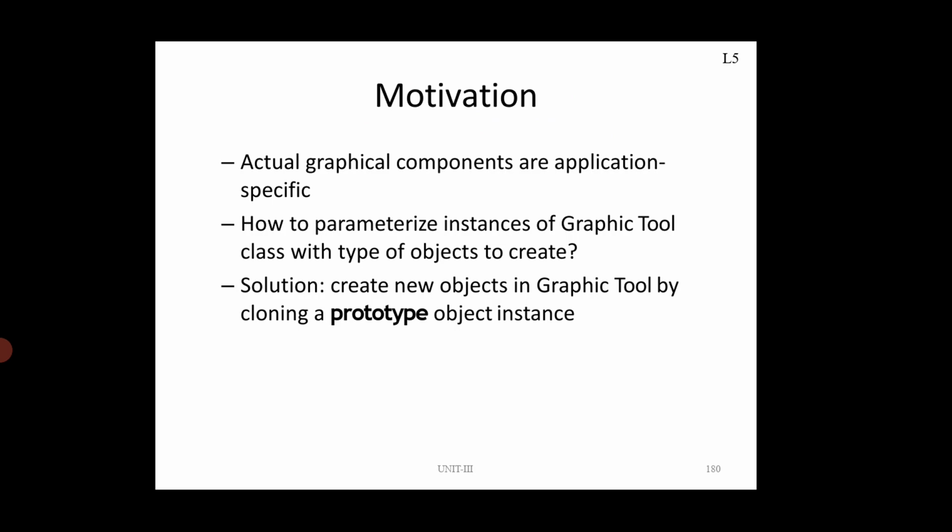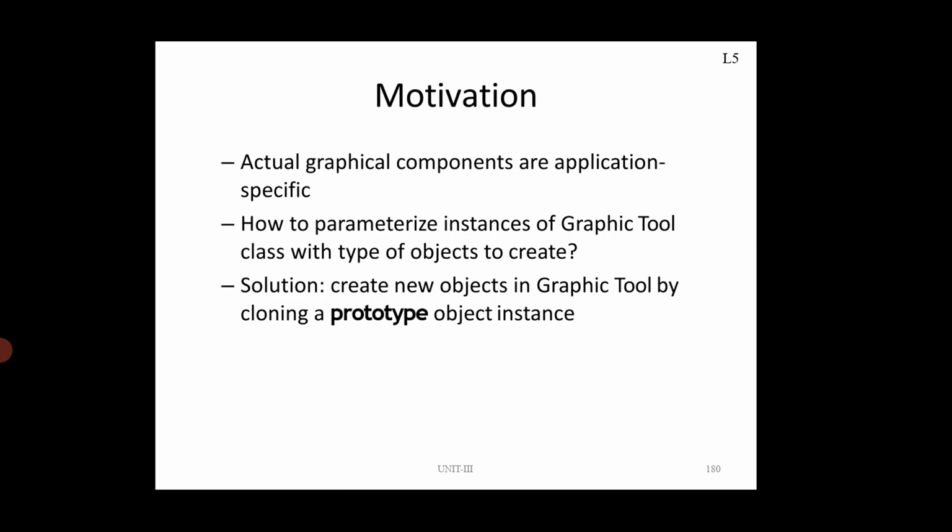Here we need to take some actual graphical components, which is very suitable for the application specific. Here is how to parameterize instances of a graphic tool class with the type of objects we need to create.